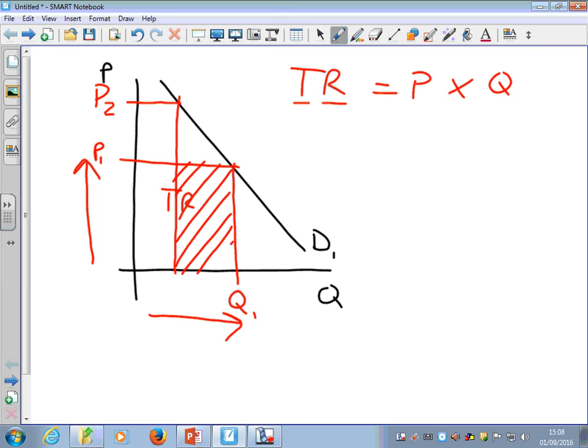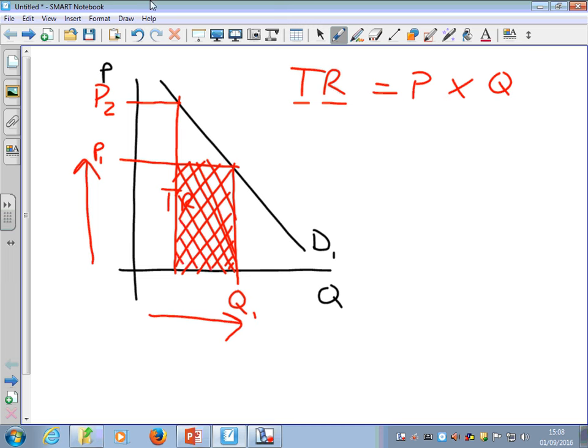Because some customers now say, you know what, I'm not prepared to buy it anymore, we lose that revenue box. But what the business would say, it's not all bad. Because we've still retained some of our customers, so we're now at Q2, and ultimately what will happen is, because those customers are now paying a higher price, we gain that revenue box.